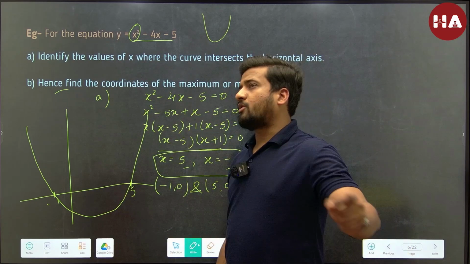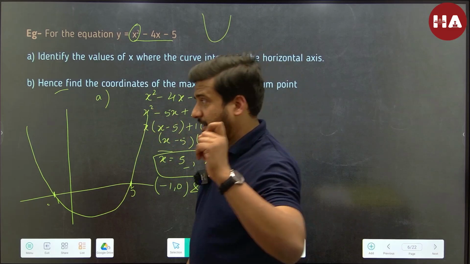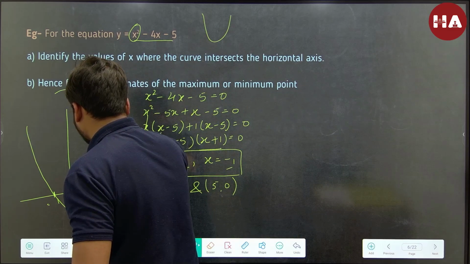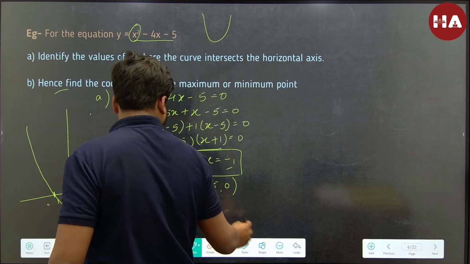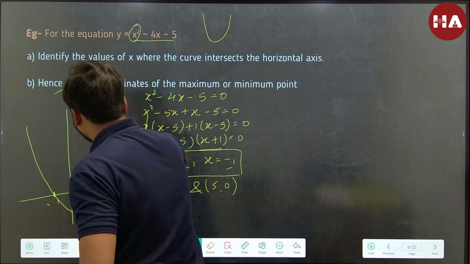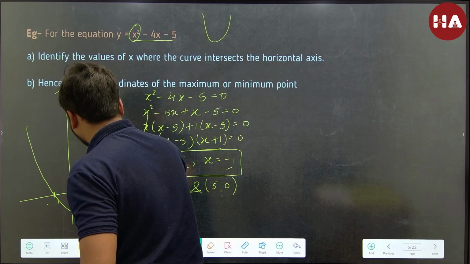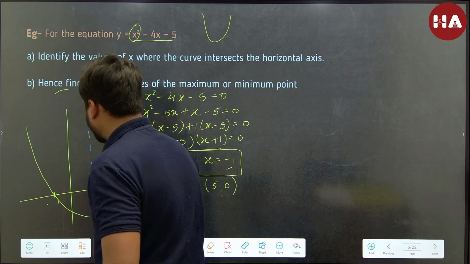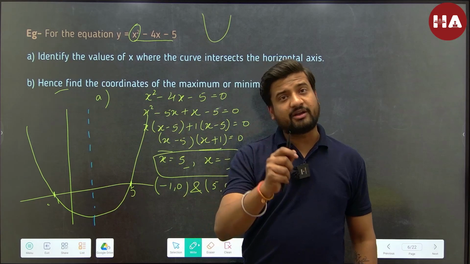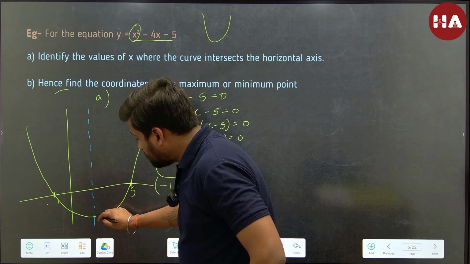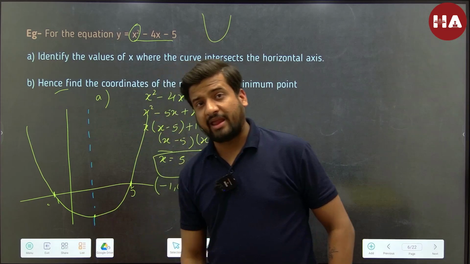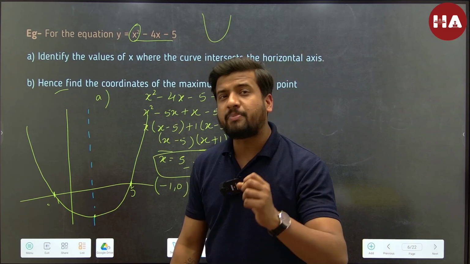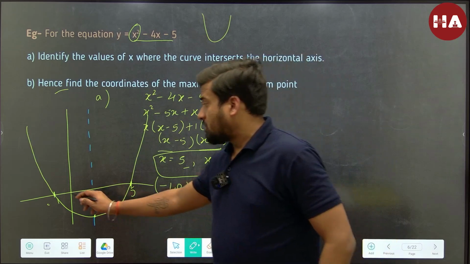All right, now one more thing, let's draw the vertical line. This vertical line will pass through this minimum, but it will also pass through the midpoint of these two.